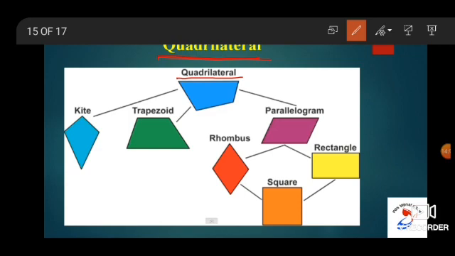So these are all the different types of quadrilateral. One of the most common shapes, which you learn even from KG, is rectangle and square. So rectangle, square, parallelogram, rhombus, trapezoid or trapezium, kite. All these are different types of quadrilaterals.